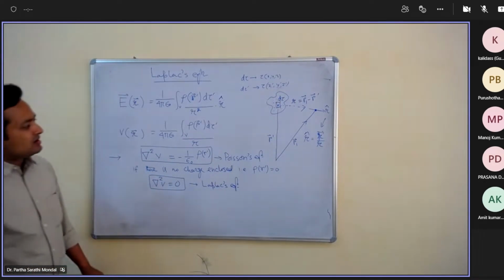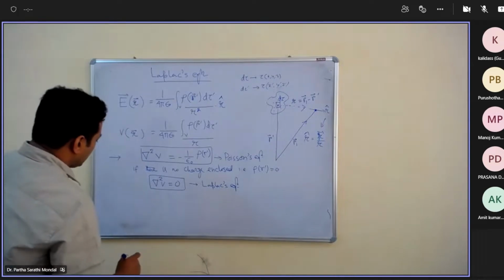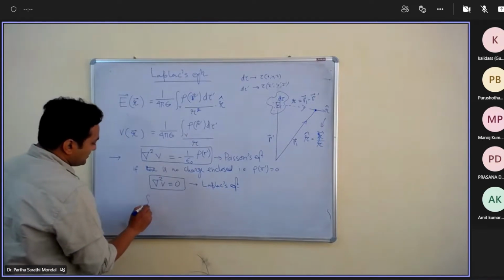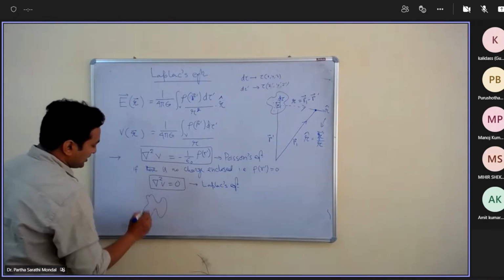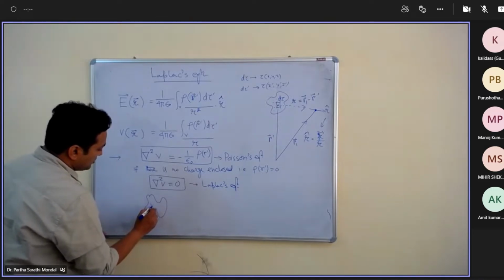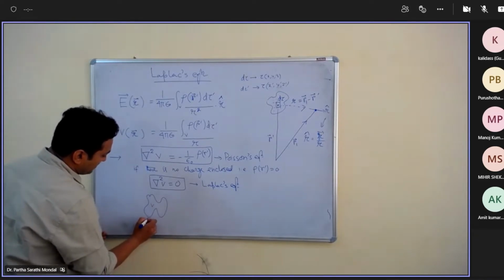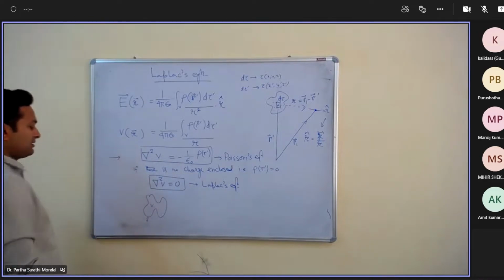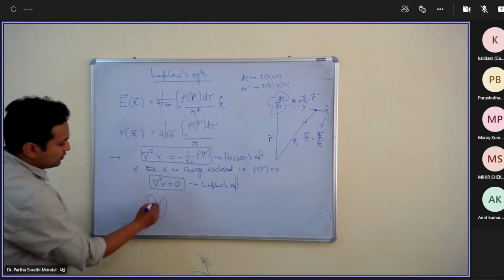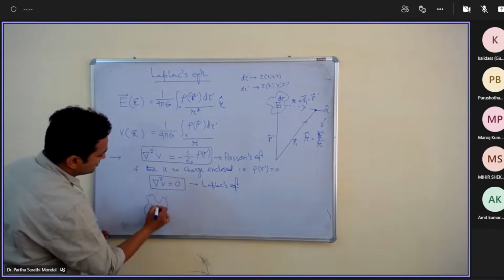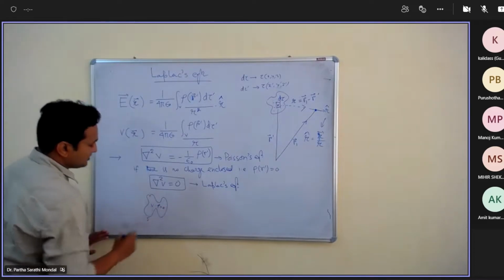Now, as I told you, suppose you have a volume which is enclosed by a surface S, and there is no charge inside the volume, let's say rho equal to 0.